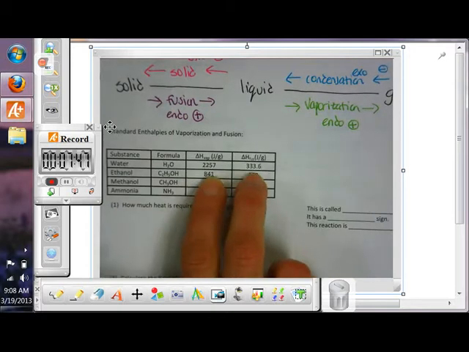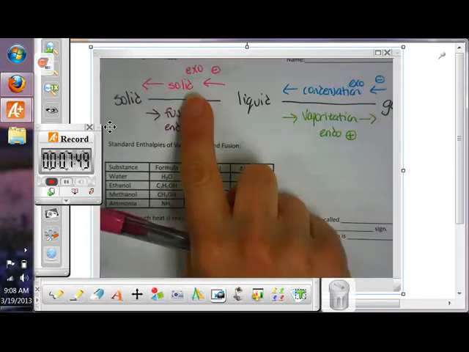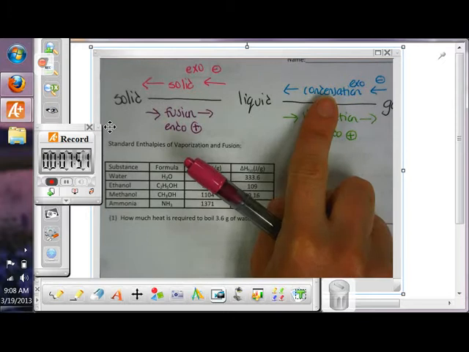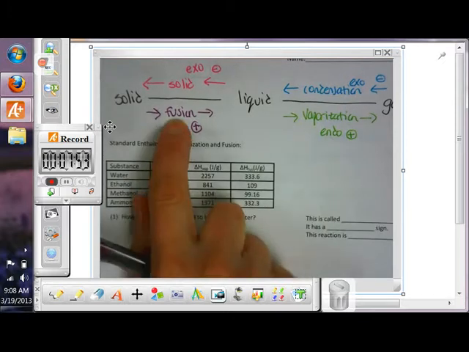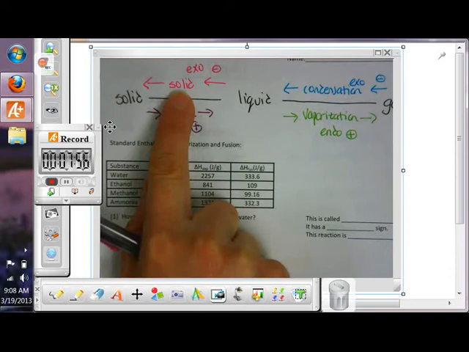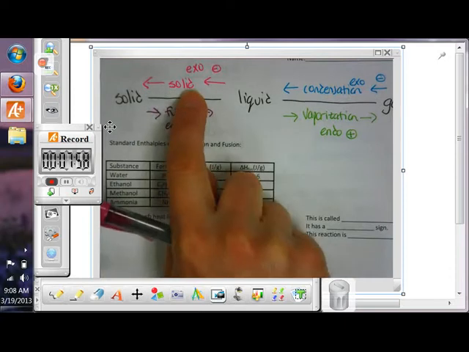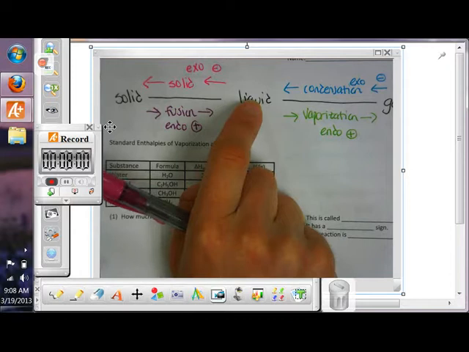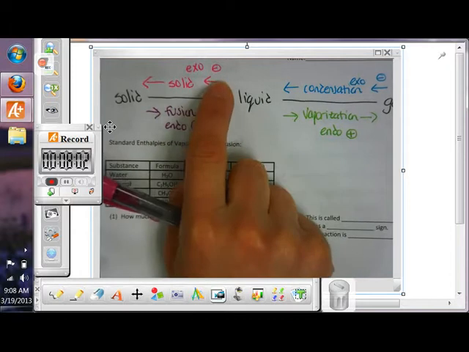I don't have solid or condensation values. But I know that fusion and solid are opposites of one another, and going from a liquid to a solid, that is exothermic.